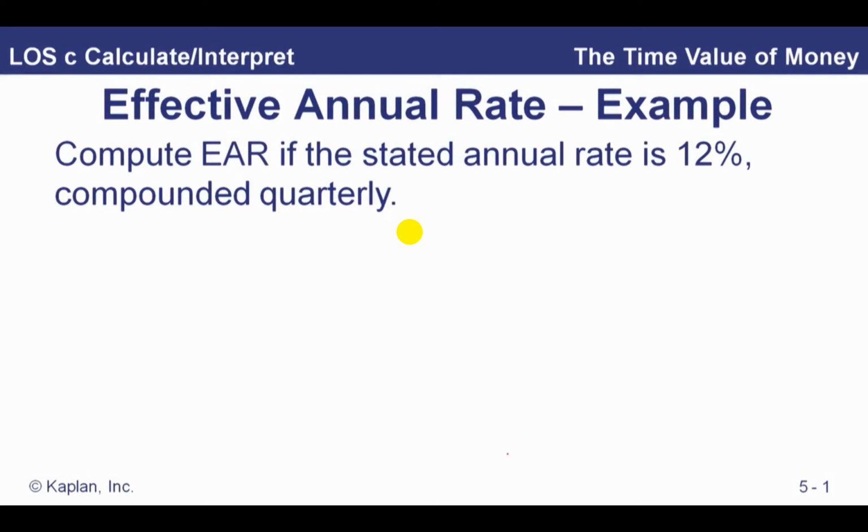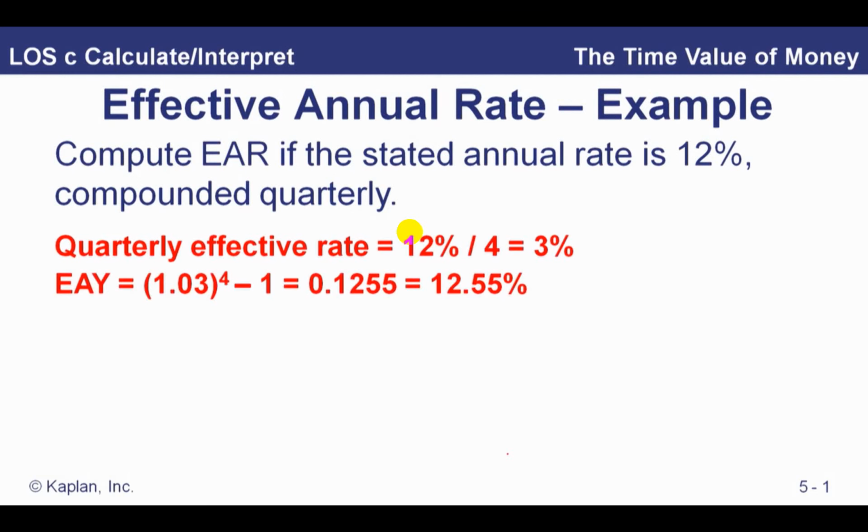So let's look at an example. Compute the effective annual return if the stated annual rate is 12% compounded quarterly. Well, 4 quarters in a year, let's divide that stated rate by 4 and get a 3% effective quarterly rate.